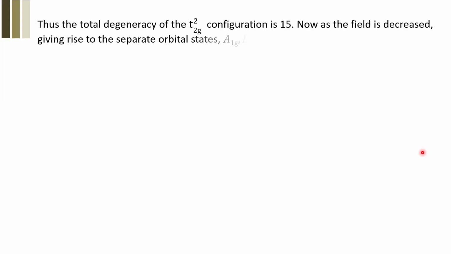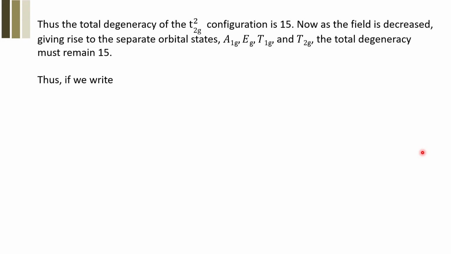And these 15 microstates are possible out of the T2g2 configuration, which has given A1g, Eg, T1g, and T2g that we have seen in the previous section. So T2g into T2g has already given us these values, and we are not sure about the multiplicity. Let us assume that their multiplicities are A, B, C, and D, as we know that they are either 1 or 3, singlet or triplet states.